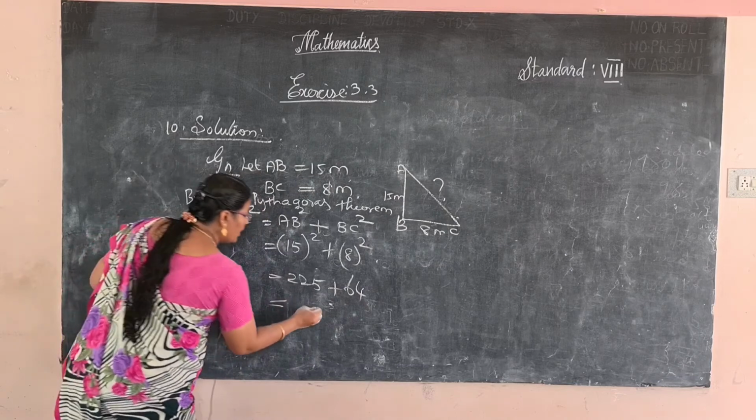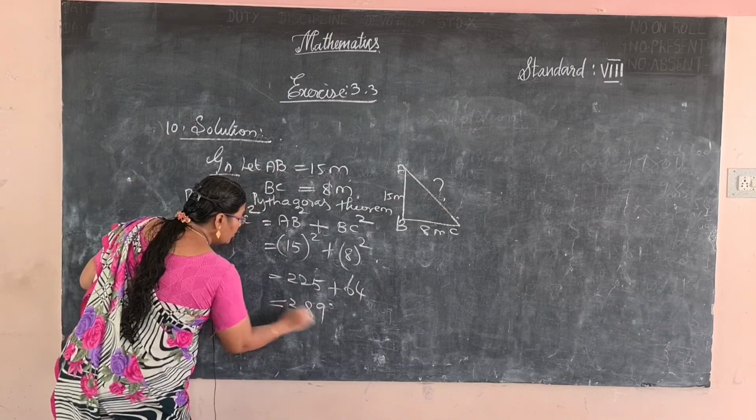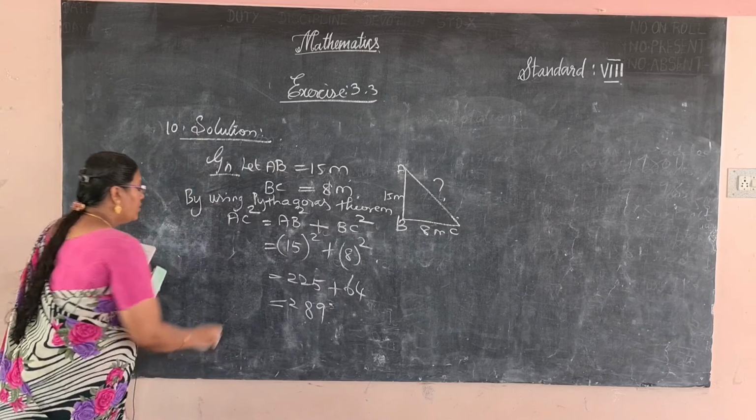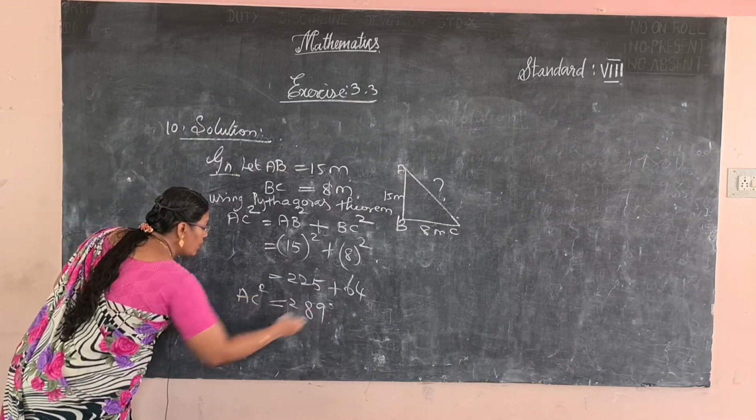Add these two values: 289. So AC squared is 289.